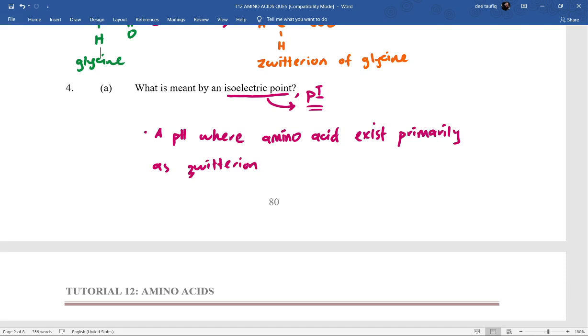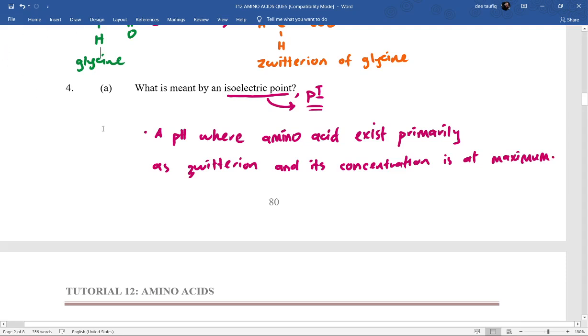Dan nota, a pH where an amino acid exists primarily as zwitterion, tambah N its concentration is at maximum. Right. So dia adalah satu pH. PI itu adalah takat pH yang mana amino acid tu dia wujud majoriti sebagai zwitterion, dan concentration zwitterion tu adalah pada kadar yang maksimum, paling tinggi lah concentration tu.